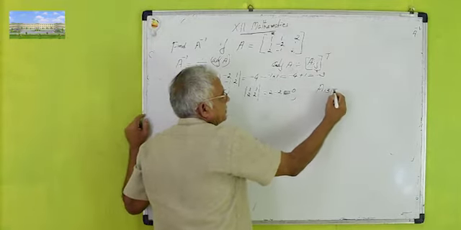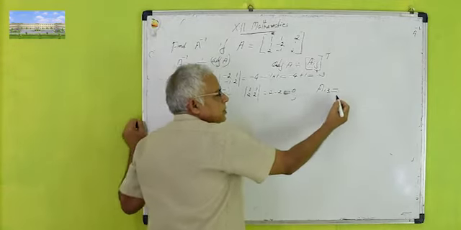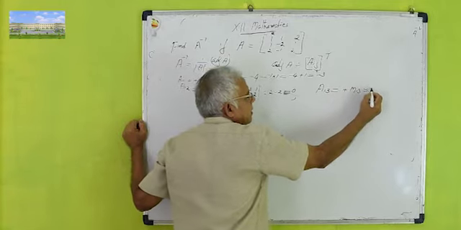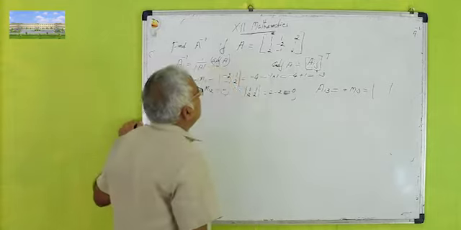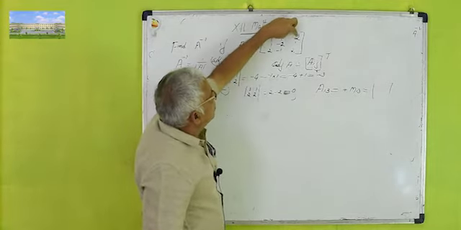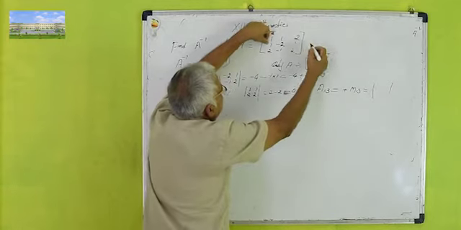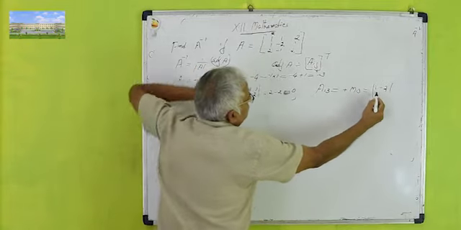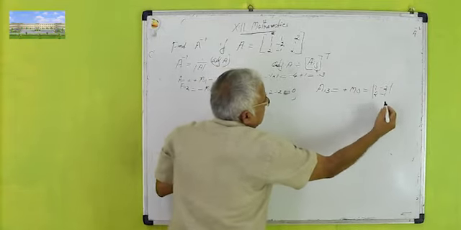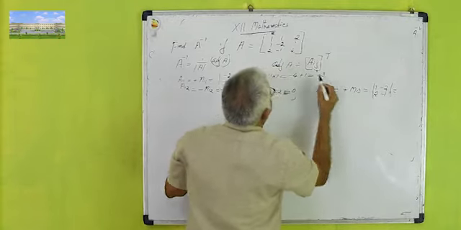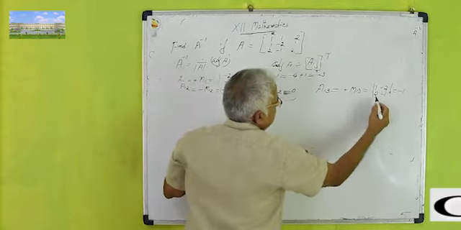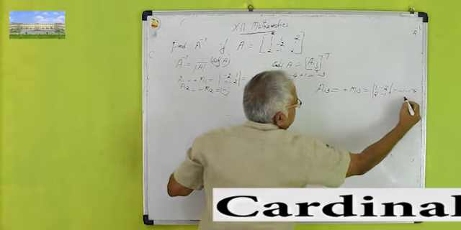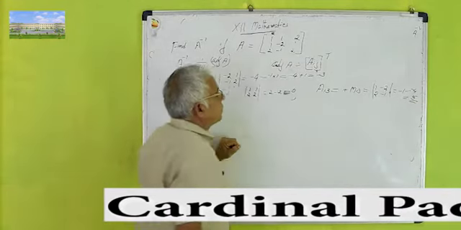A13: 1 plus 3, the sign is positive, into M13. Deleting the first row and the third column, we get the determinant 1, -2, 2, -1. The result is 1 into -1 minus (-2 into 2), that is -1 plus 4, which is 5.